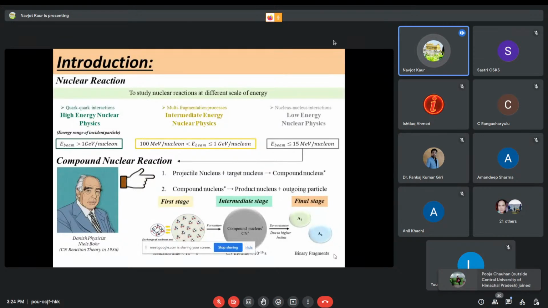In 1936, one of the Danish physicists, Niels Bohr, gave us the compound nuclear reaction theory. In this, firstly a projectile is incident on a target nucleus, and then we have the formation of the compound nucleus, and further it has some decay products. It is shown here on the schematic diagram.